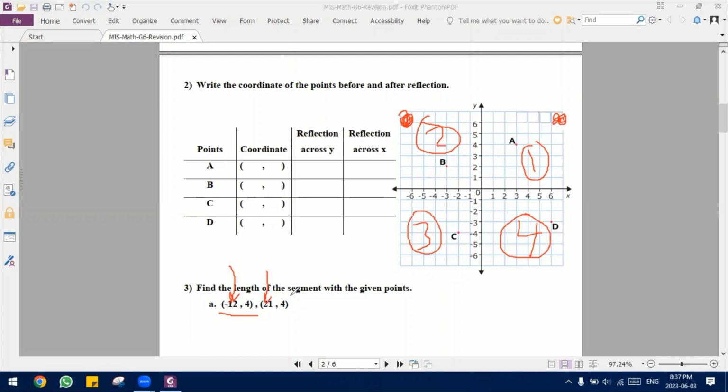So if they are in different quadrants, we should add. Why should we add? Because if they are in different quadrants, the distance will be large. So in order to make my value larger, I should add. But if they are in the same quadrant, then the distance between them is small. So to make the value smaller, I should subtract, not add. So memorize it like that.